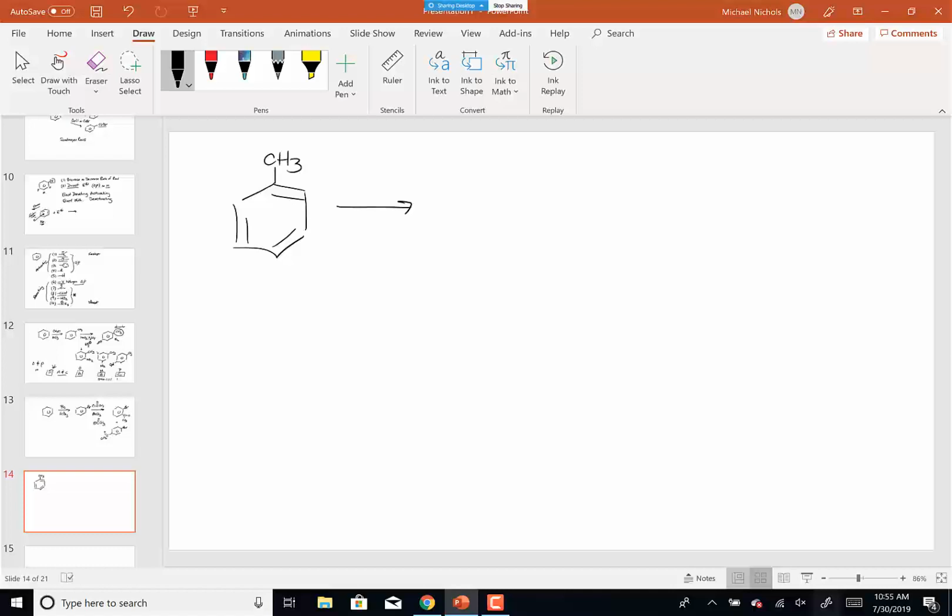I'm going to start with toluene, and I'm going to add nitric and sulfuric acid to it. What's my product going to look like? What am I adding? I'm adding an NO2 plus, and where am I adding it?